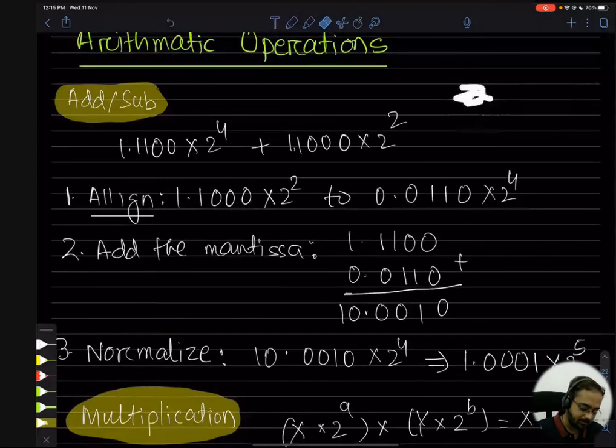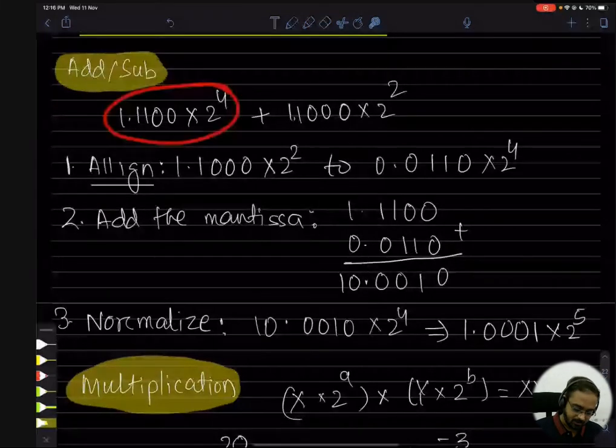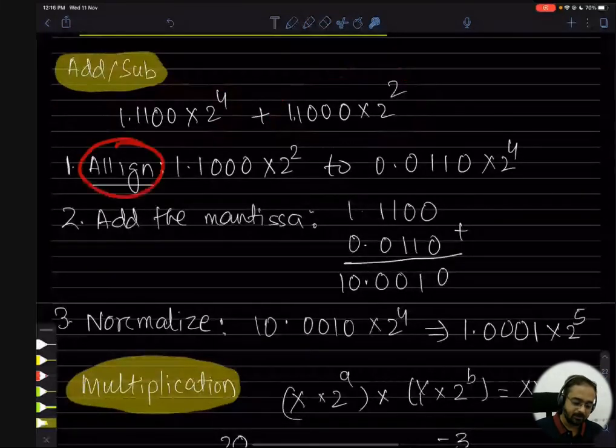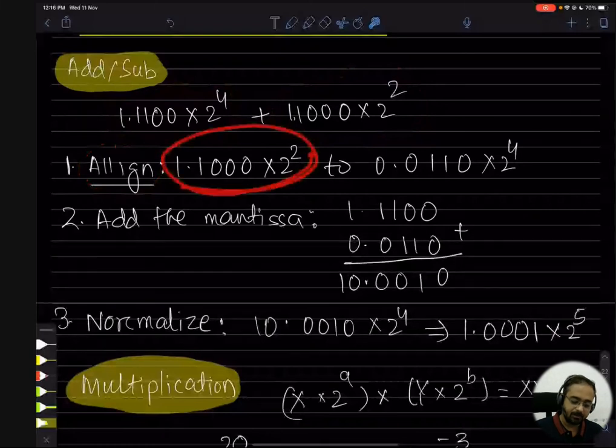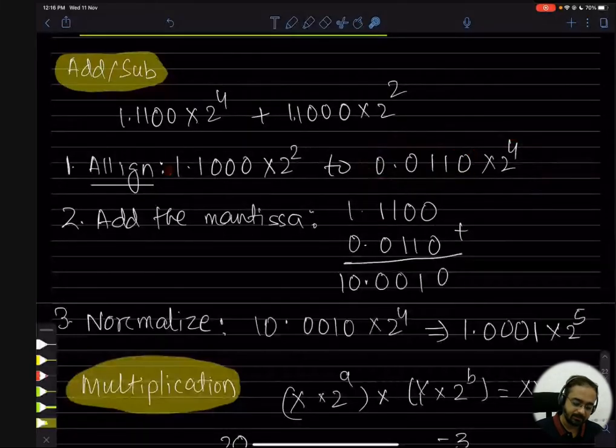So whenever two numbers are given, first you have to align them. Align means you have to convert the smaller exponent number to the bigger exponent number by shifting the bits. This mantissa bits we have shifted 2 bits towards right, so that it becomes 0.0110.